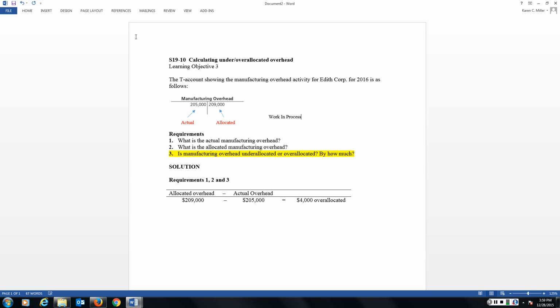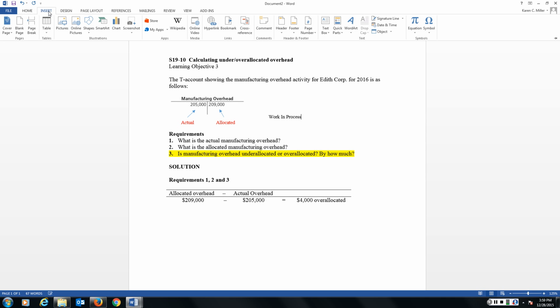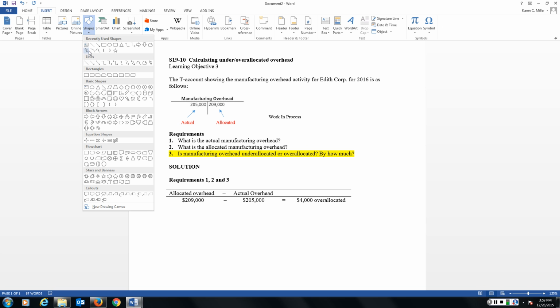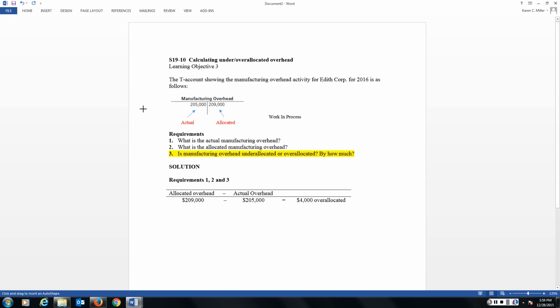If you'll go back to our illustration in the chapter, manufacturing overhead at some point is allocated using a predetermined overhead rate to take it out of manufacturing overhead and into the work in process account. This is our allocation.